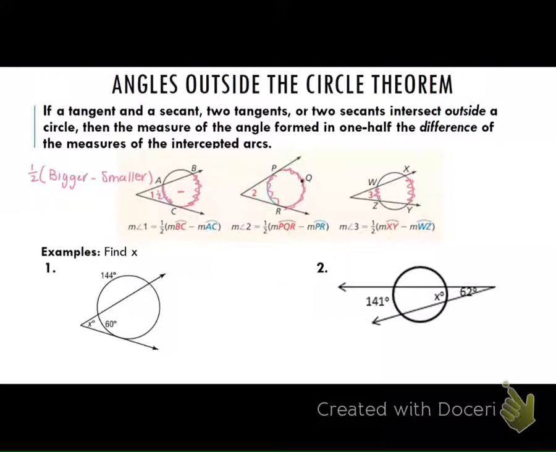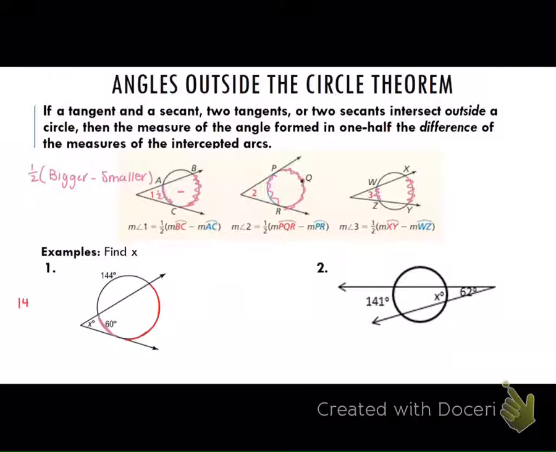Yeah. Casey? Okay. So we need to find the angle. We have one of the intercepted arcs, but we don't know the measure of this other intercepted arc. Could we find the measure of that arc? Yeah. We already have two of the angle measures, and there's 360 degrees in a circle.